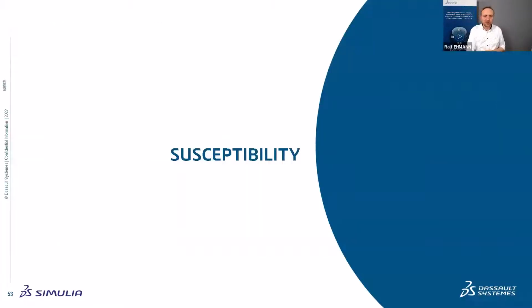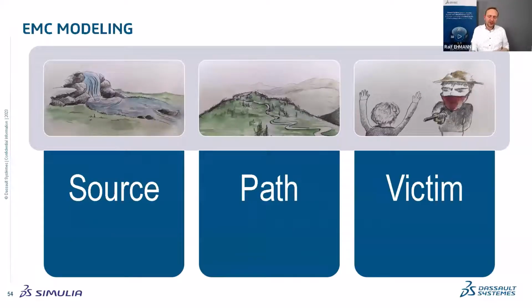Let's move to probably the last technical part, which is the simulation of susceptibility. In emission, as we have seen, in a pretty detailed way, we need to model the source. The source is our DUT, while the victim is very well defined: it's a listener where we measure the signal. In susceptibility, it's exactly the other way around. Your source is very well defined because it's some equipment in your lab.